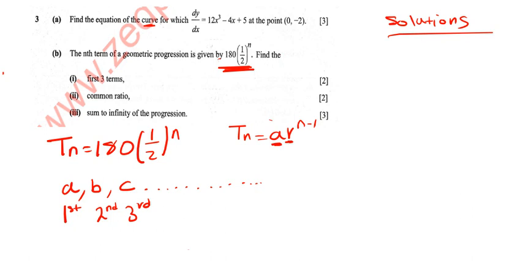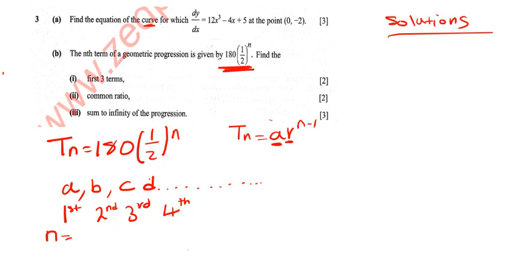If they said find the first four terms, we could have included a d there, the fourth term. The position of a term is defined by n, right? So n defines the position of the term.